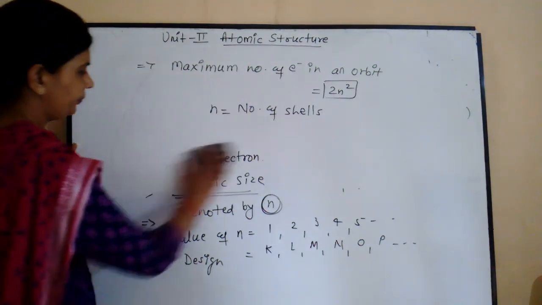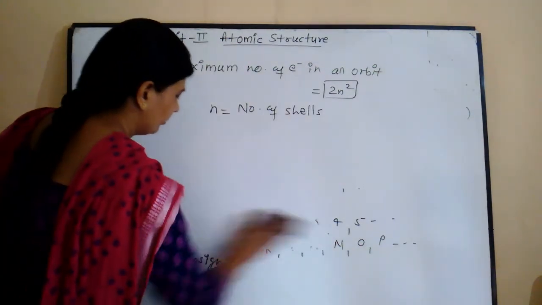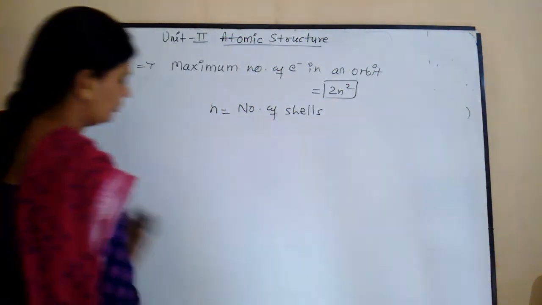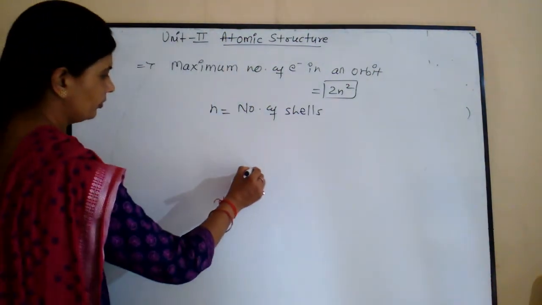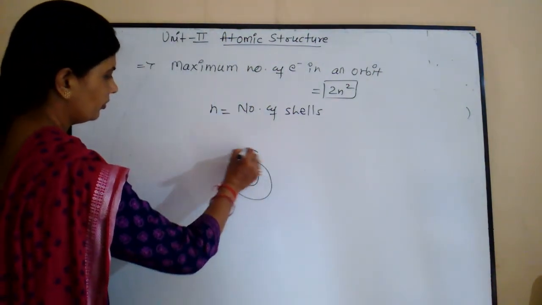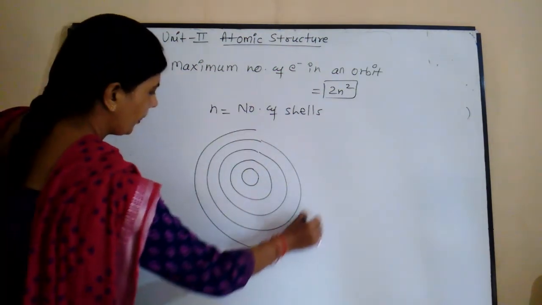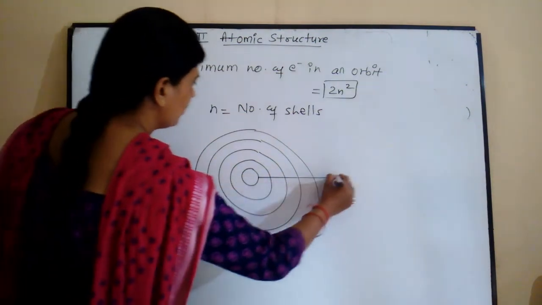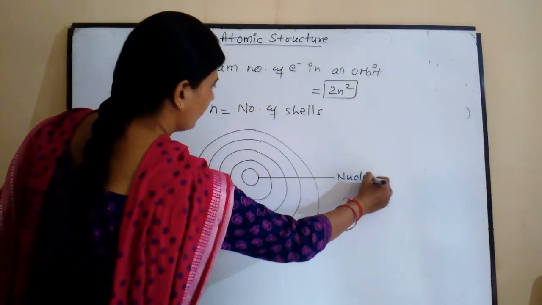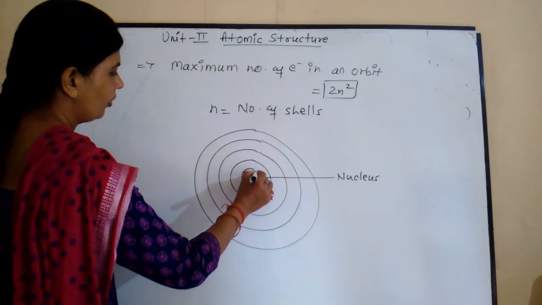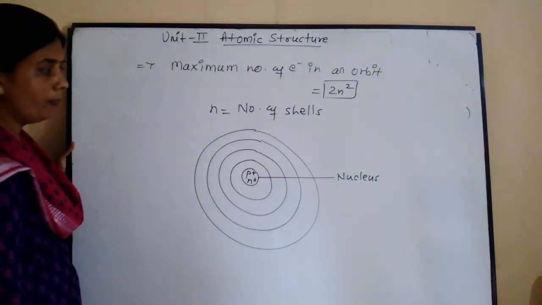Now see, it is the atomic structure. In the center there is the nucleus which contains protons and neutrons.